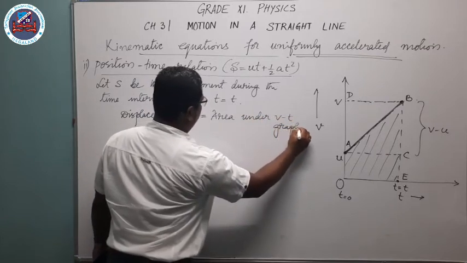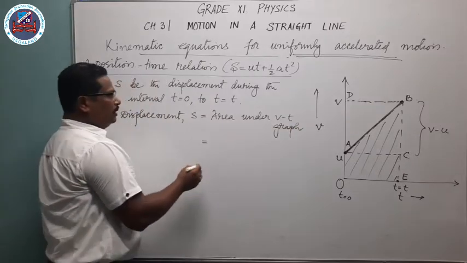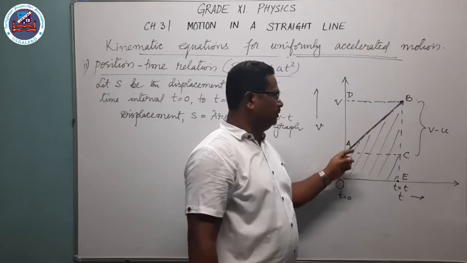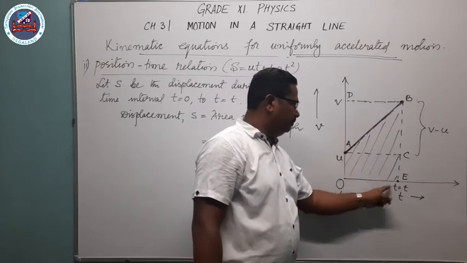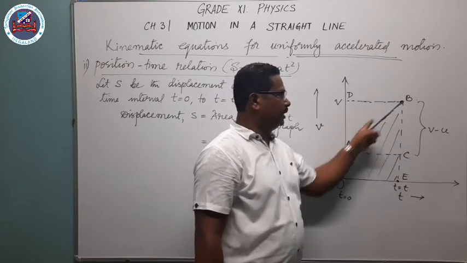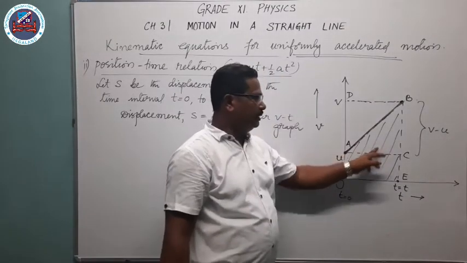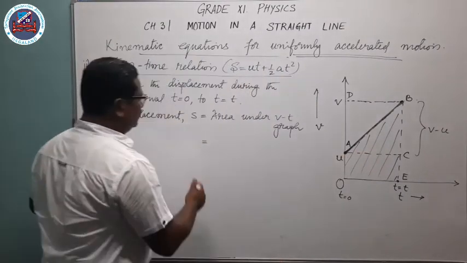So area, if you use the formula here, directly you can take area of trapezium, or you can divide into two parts, area of rectangle plus area of triangle, whichever is convenient for you. I am doing it into two parts, triangle and rectangle.